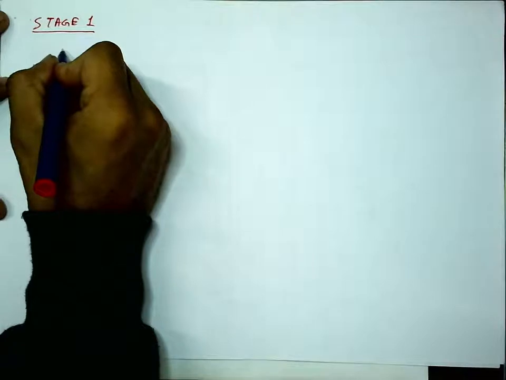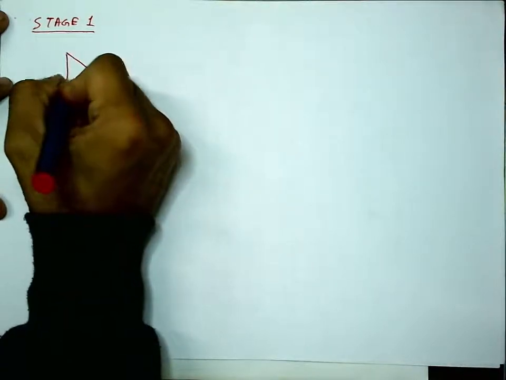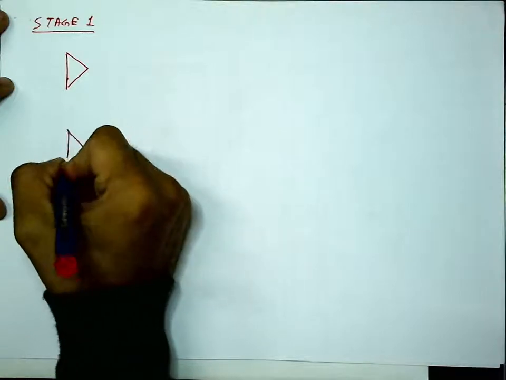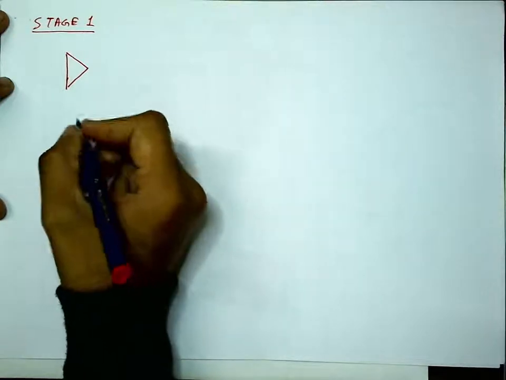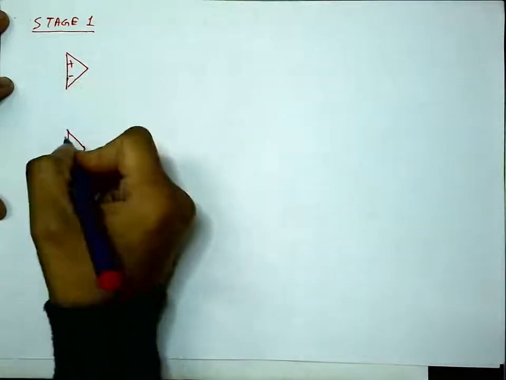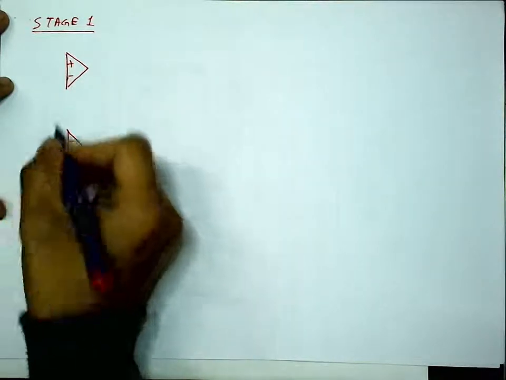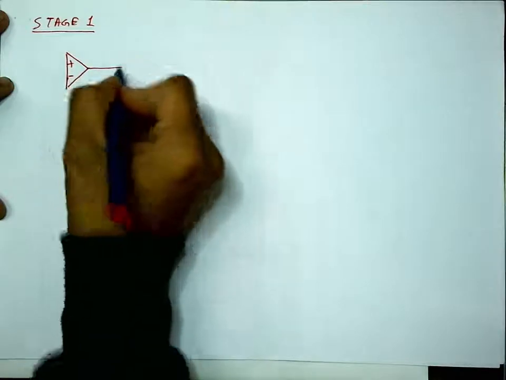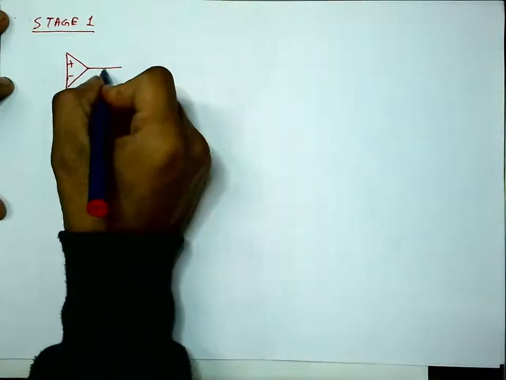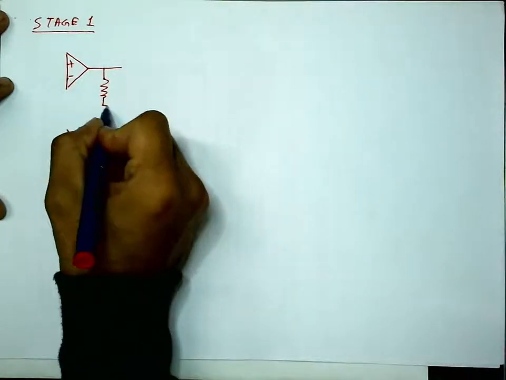It looks like this. There are two op amps in stage 1, like this, side by side. It has two inputs. Each of them has two inputs. And this, let me first draw this circuit.